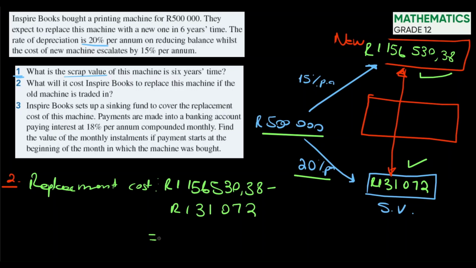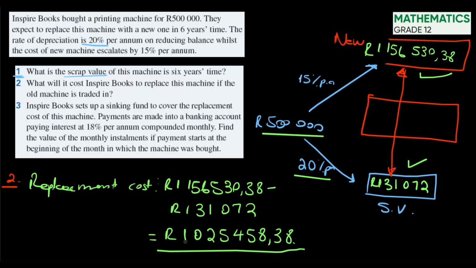So therefore the replacement cost will be 1,025,458.38. That's what they need to start saving up for in 6 years' time to be able to afford the same machine after 6 years.